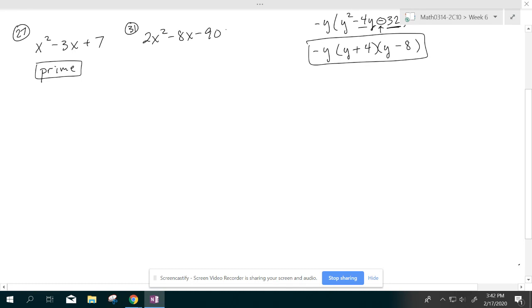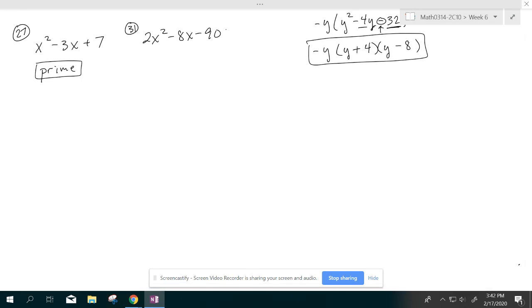And this is the last problem that I absolutely have to do before we can move on to the next section. All right, so tell me, is that trinomial in descending order? And is there anything that all three terms have in common?